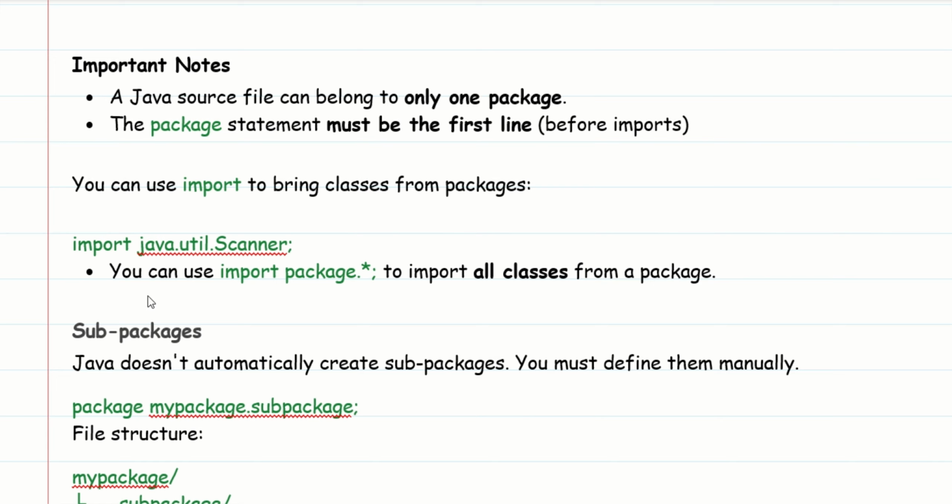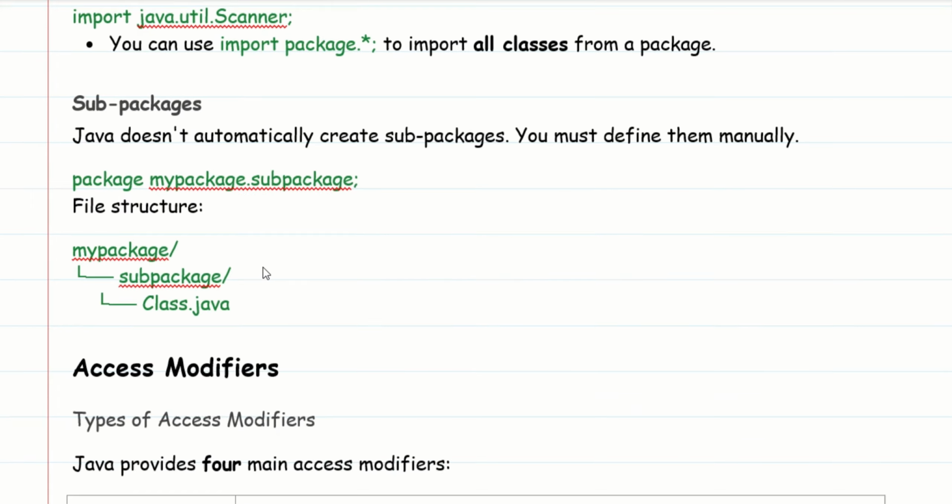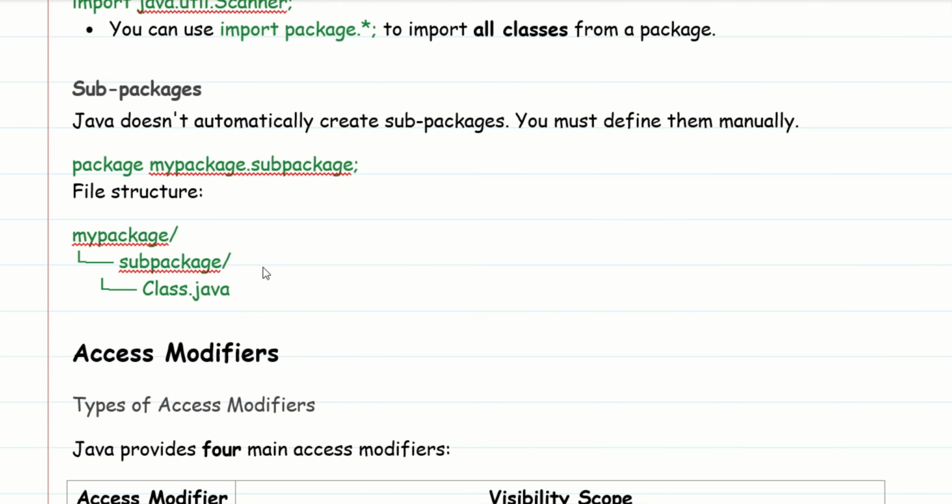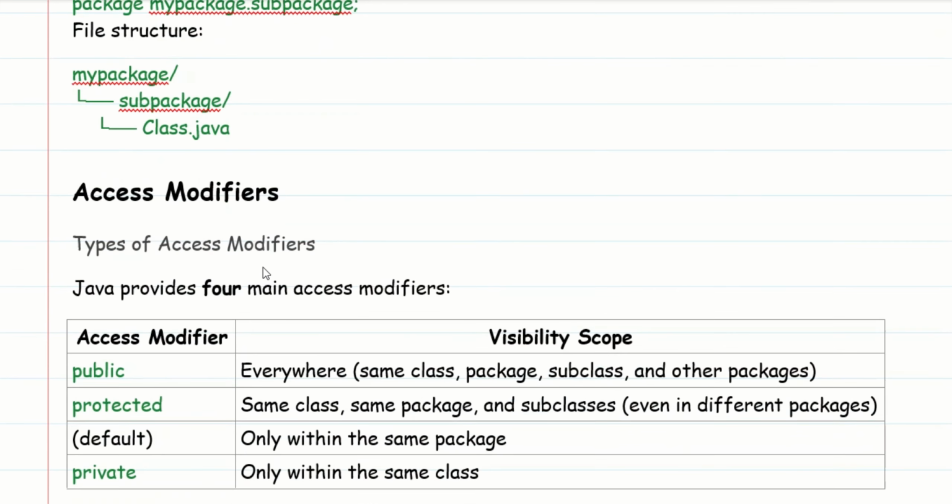You can also use import package dot star, so in this case, if you use java.util.star, it will import all the classes from the package. For sub packages, Java doesn't automatically create them, you must define them, like a folder within a folder. At a high level, packages are the folders where you have all your Java files placed.